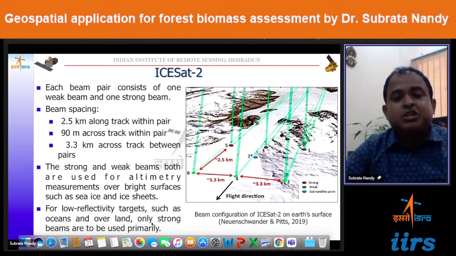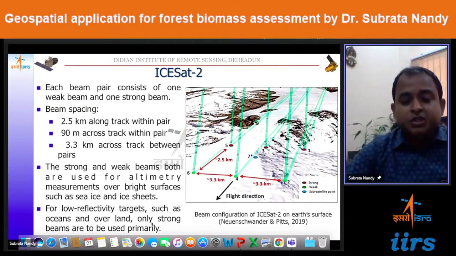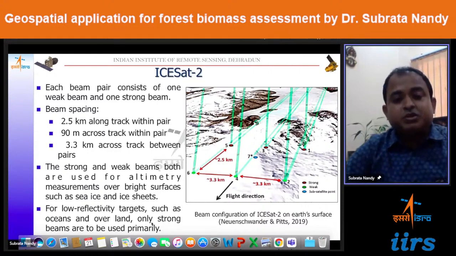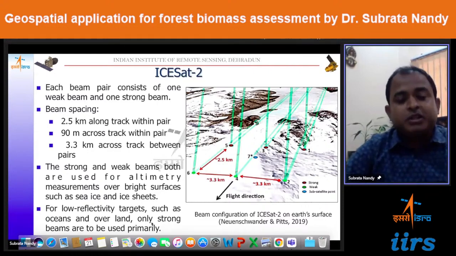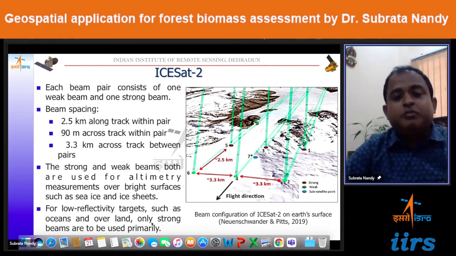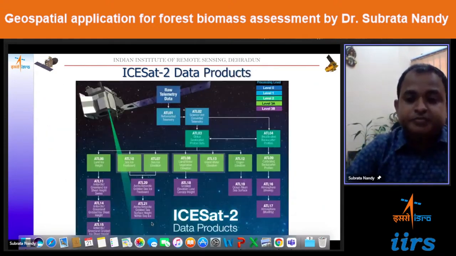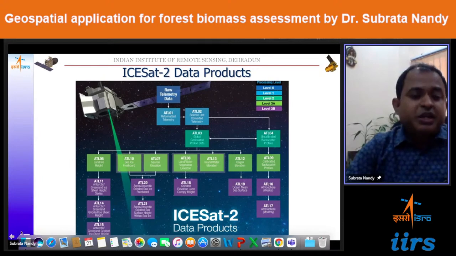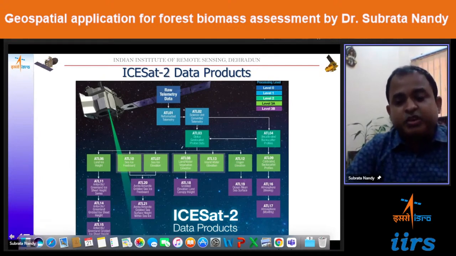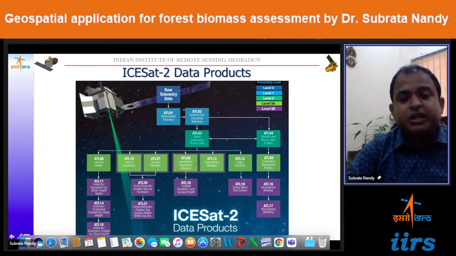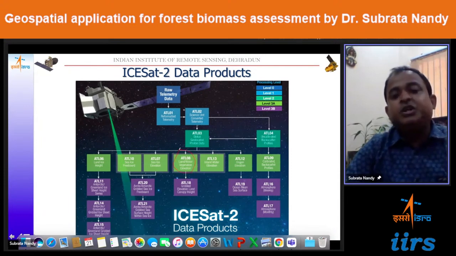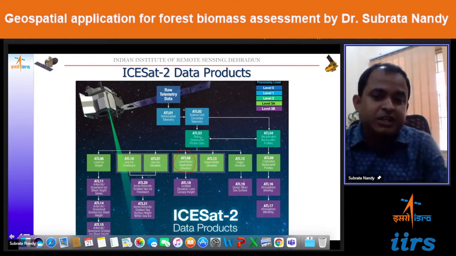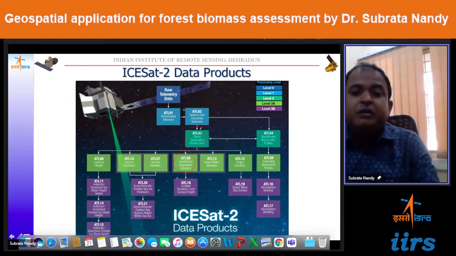So in each pair, we first need to separate the strong beams from the weak beams, and the strong beams are used further. Nowadays, for forestry purposes we use the product ATL08, which gives height information directly. ATL03 is also used, but mostly ATL08.